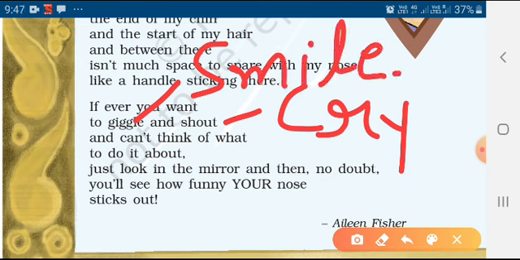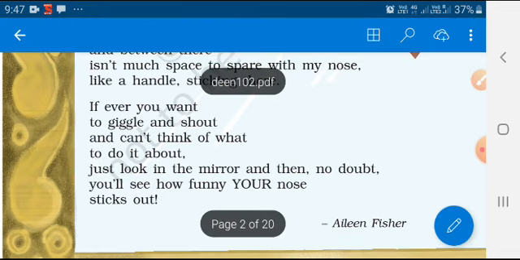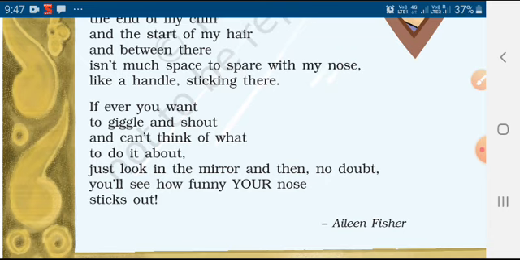The girl is saying, sometimes we smile or shout, and at that time we cannot understand how we are looking. So at that time just look in the mirror, and then no doubt, you shall see how funny your nose sticks out.